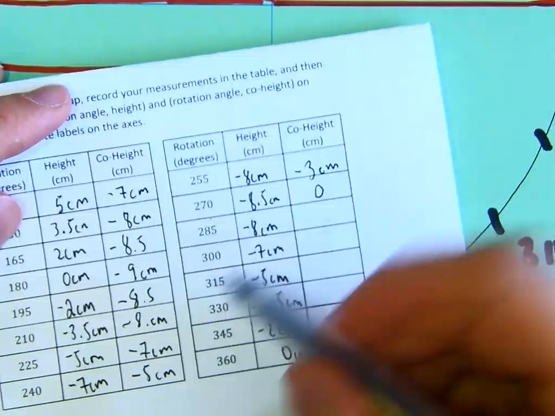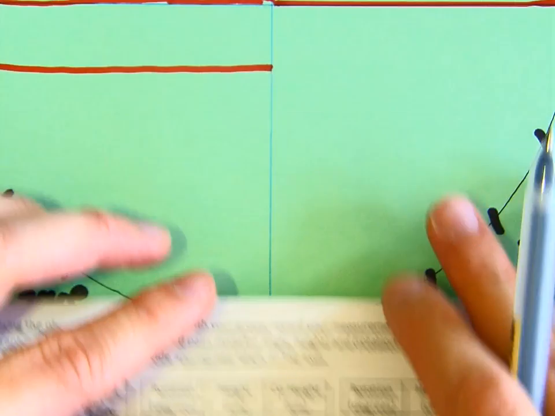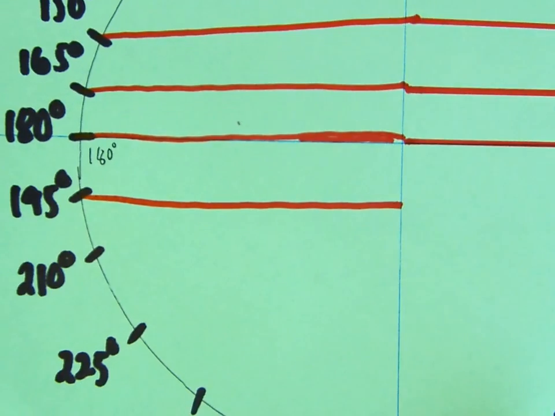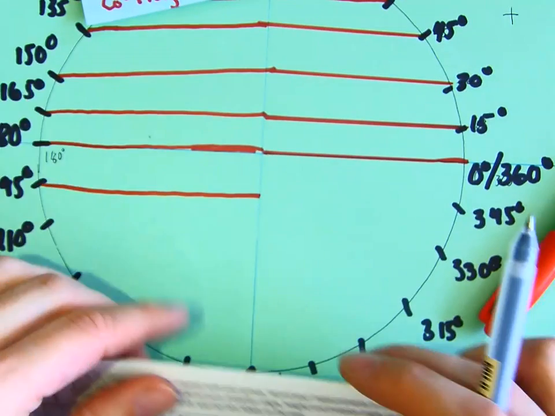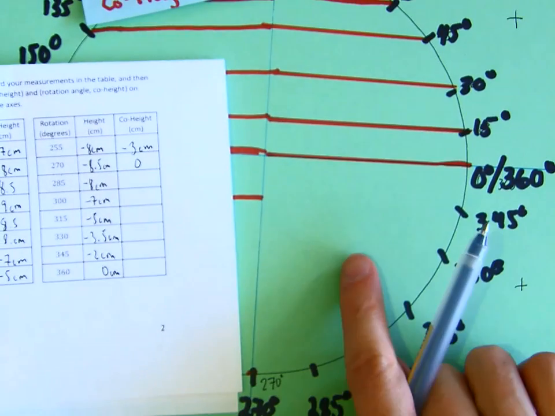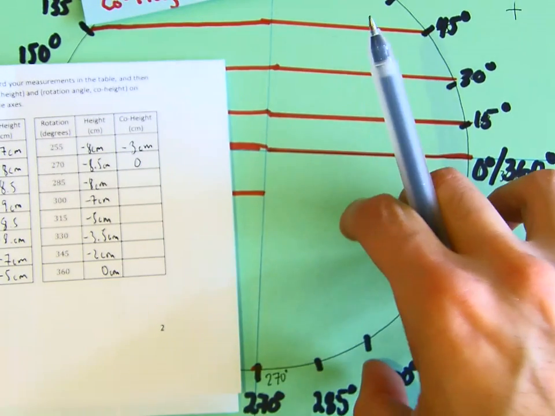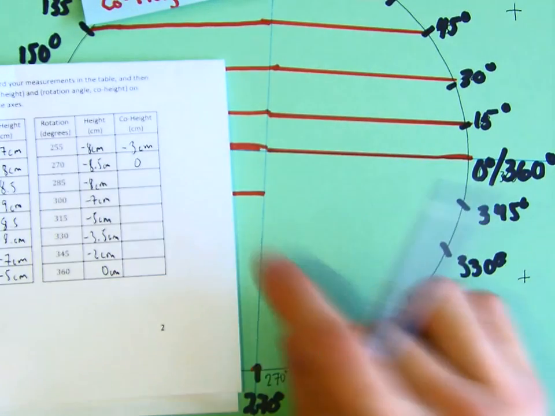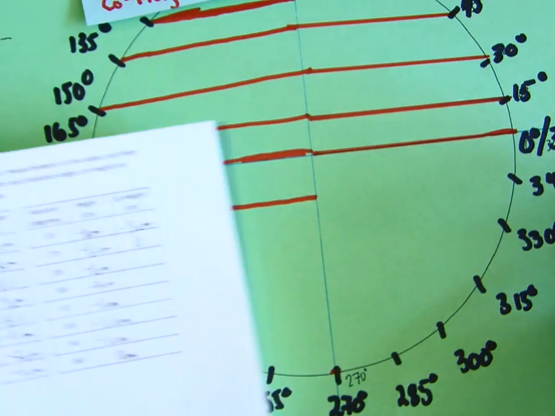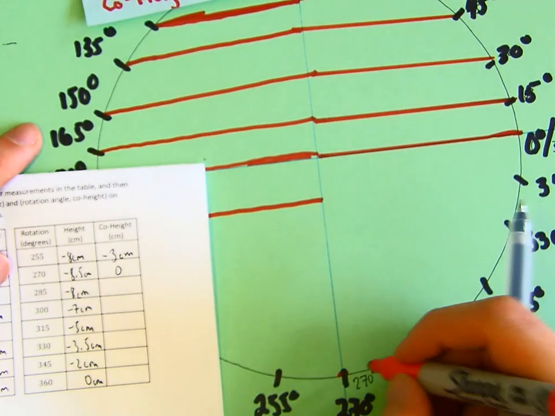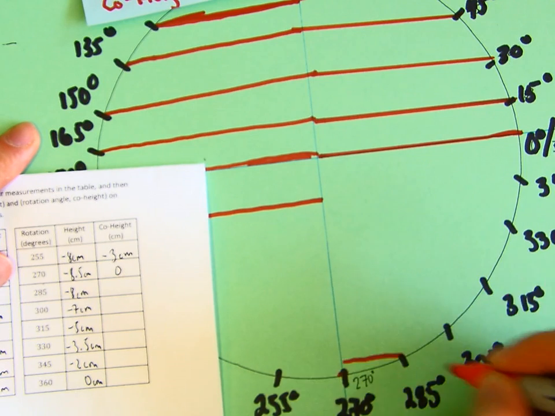And notice that these are all negative, right? Because here, the x values are negative on this side. And then what has to be over here? What do you know about the CoHeight once you get to quadrant 4? All these values have to be positive. So then you just kind of go with it. What will be the CoHeight of 285?